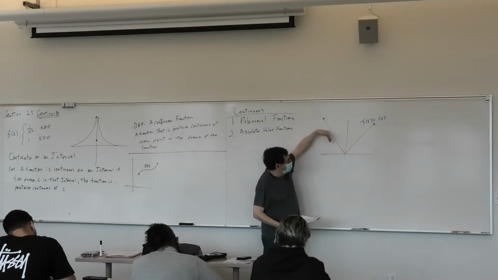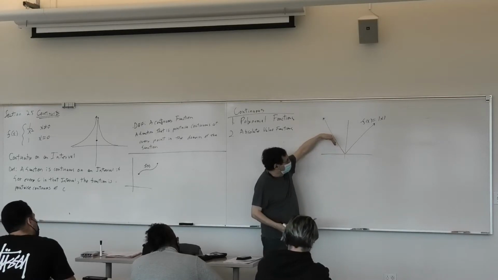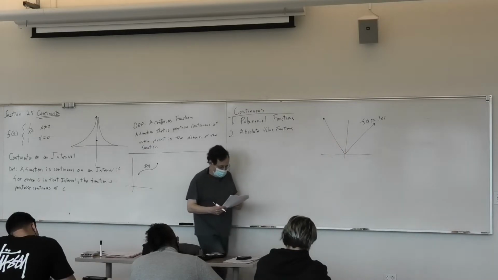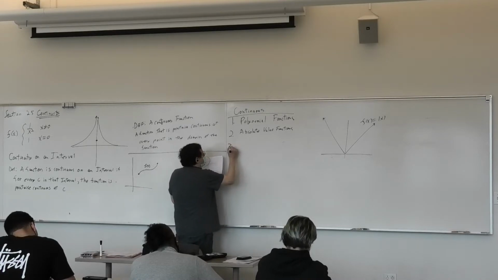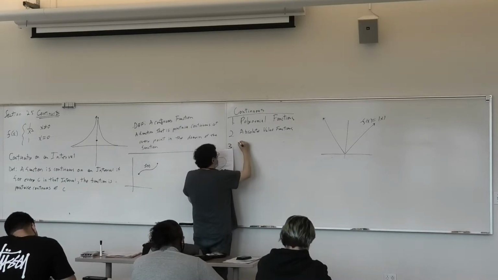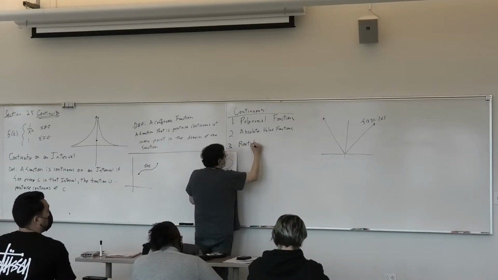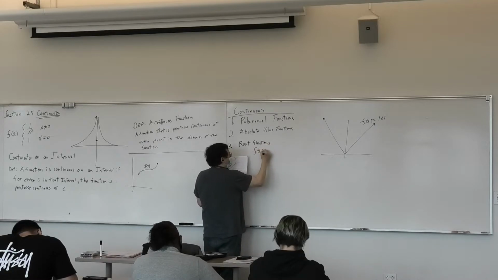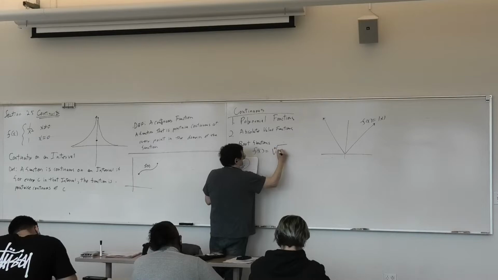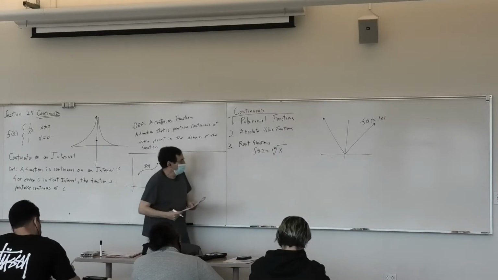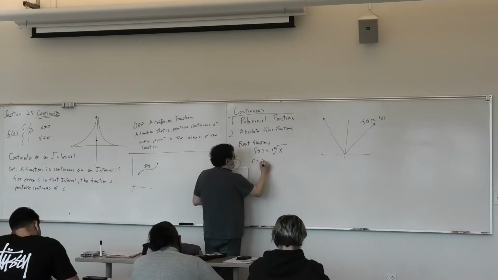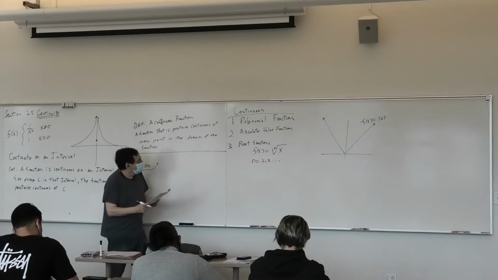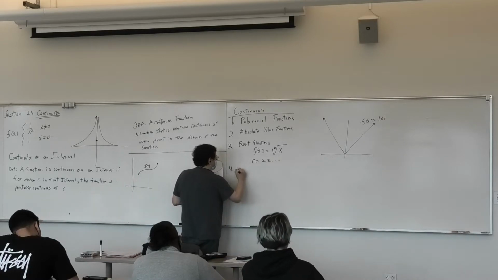And if you think about it, the left-hand limit and the right-hand limit meet, so it's a continuous function. Root functions: f of x equals the nth root of x, where n is some integer greater than 1. Exponential functions.